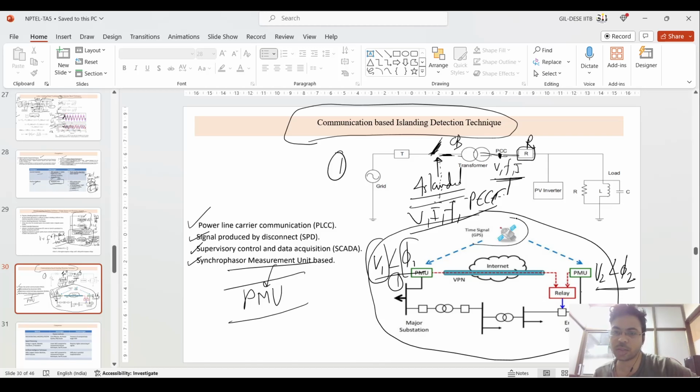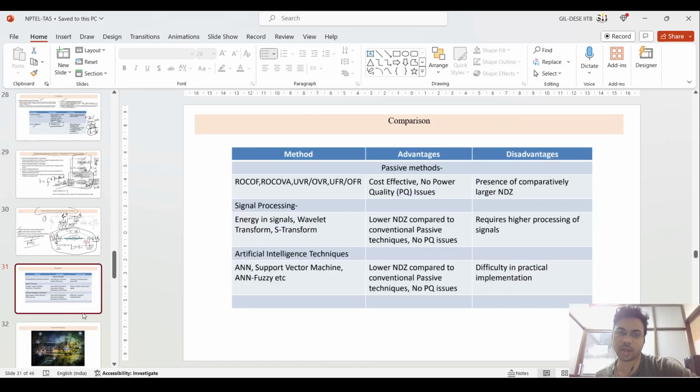So if there is an islanded situation, then this phase angle or voltage magnitude will change. So through the GPS and the synchrophasor system, analysis is done to check whether a voltage difference or phase angle difference has come or not. Based on that, a decision is taken whether it is an islanding situation or not. Okay, so this is the communication based islanding detection technique.